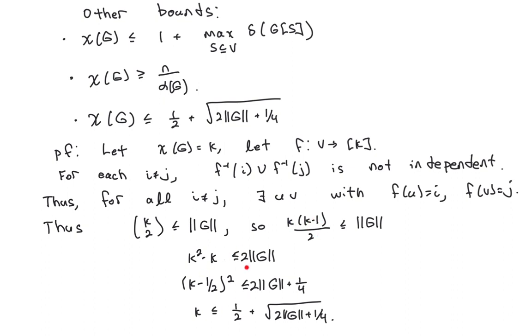And then the rest of the proof is just algebra. Namely, you multiply both sides by 2 and distribute the k. Then we complete the square on the left-hand side. The missing term is 1/4, so we add it to both sides. And then the last step is to just take the square root of both sides and then add 1/2.